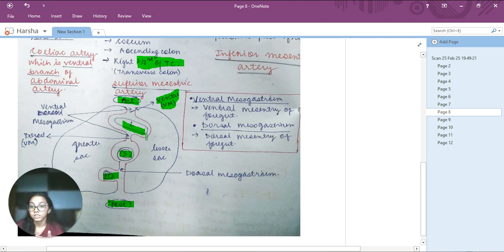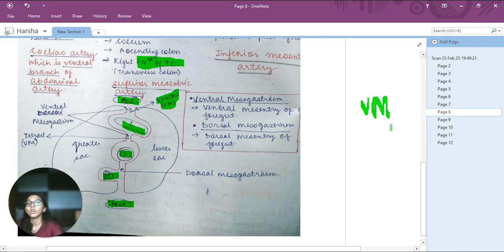Now this is further divided: the ventral mesogastrium is divided into two parts, ventral mesogastrium and dorsal ventral mesogastrium.